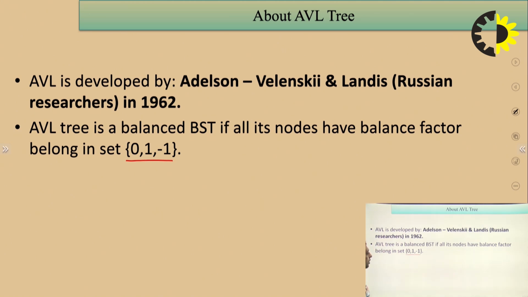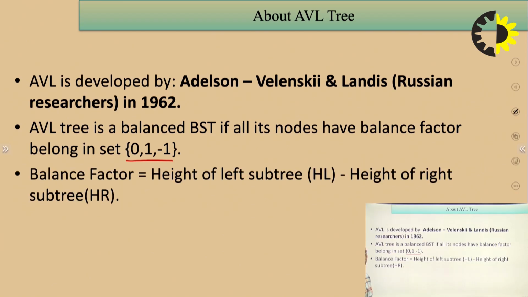How do we calculate the balance factor for each node? There is a formula. The balance factor is the difference between the height of the left subtree and the height of the right subtree. So calculate the balance factor.